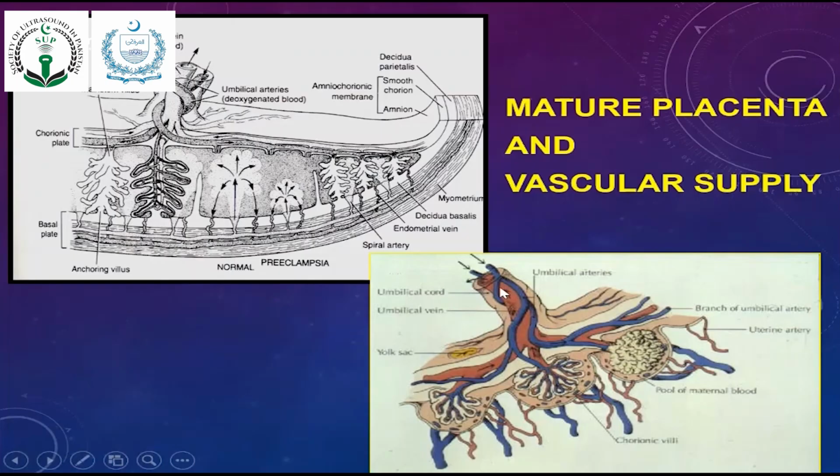Here is the cord. Here again you can see the umbilical vein with oxygenated blood and the umbilical arteries, usually two in the cord, with deoxygenated blood. If we get a single artery cord, it can be an indication of a fetus having some fetal anomalies.